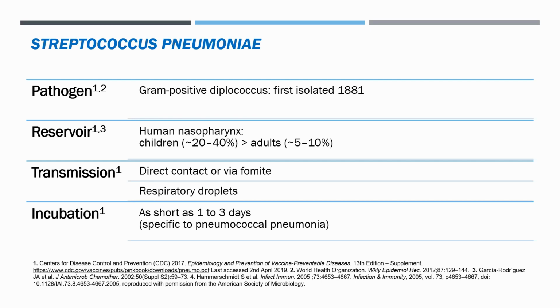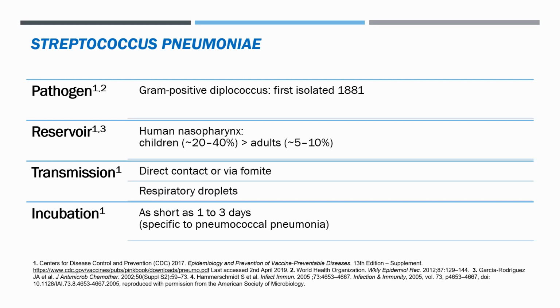So for people who have young children at home, the risk of Strep pneumoniae is much higher. That is also the reason why children are one of the main targets of pneumococcal vaccination, apart from older adults.